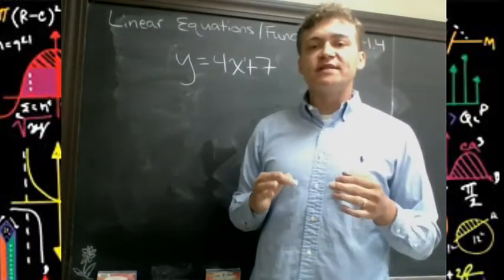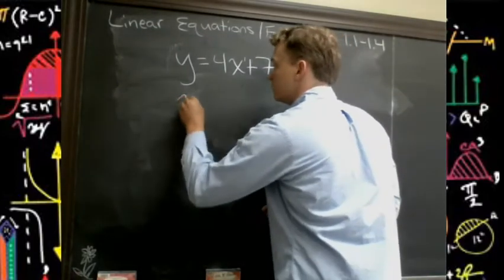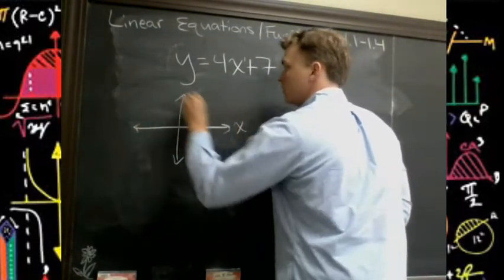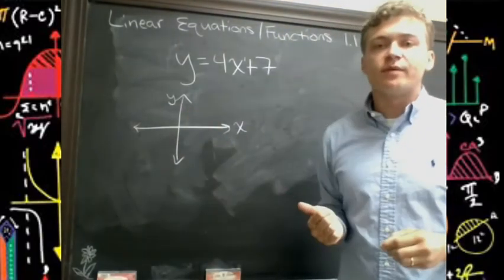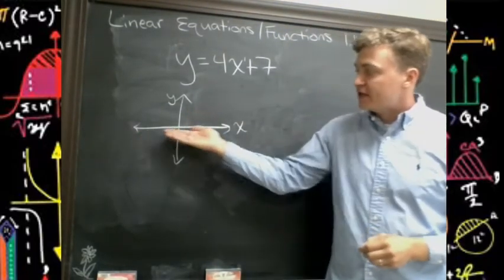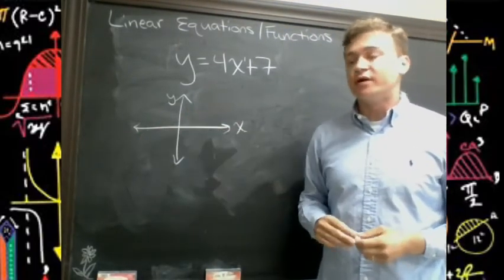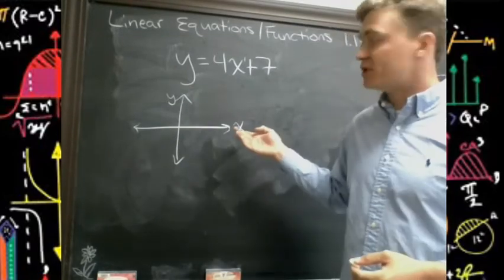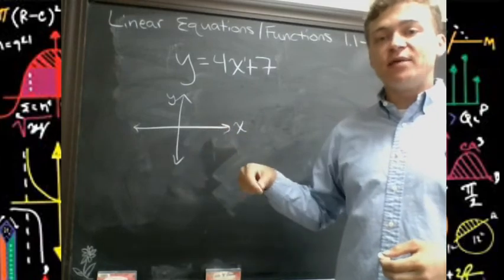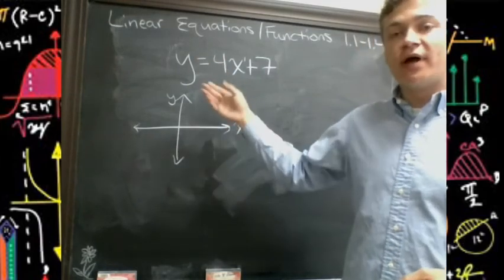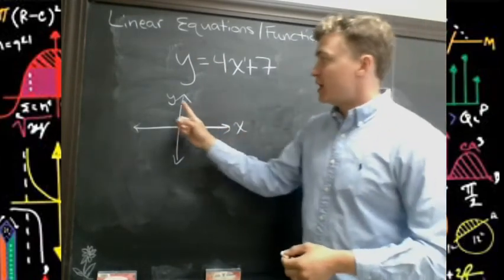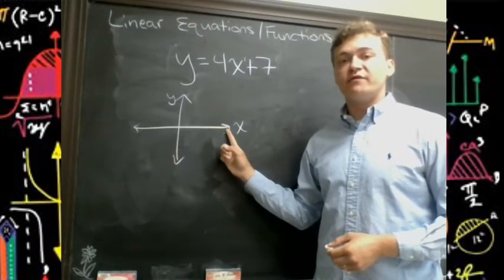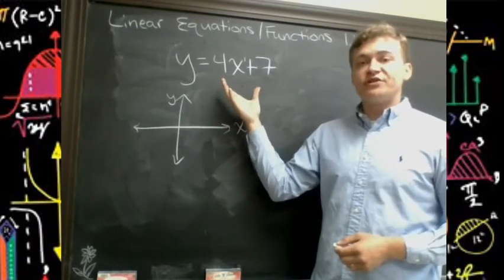We do this because typically on the xy plane, we have this independent variable and we have this dependent variable. We treat the horizontal variable as the independent and we treat the vertical as the dependent. In other words, the value of y is going to depend on the value of x, the way that we have our equation set up.